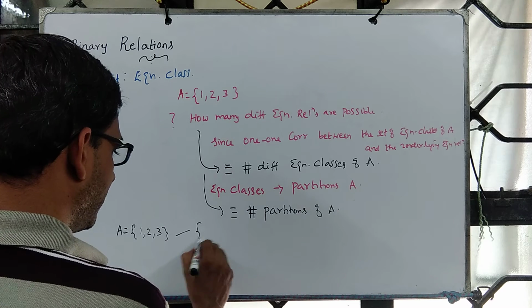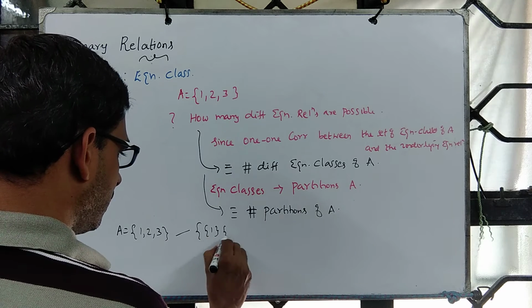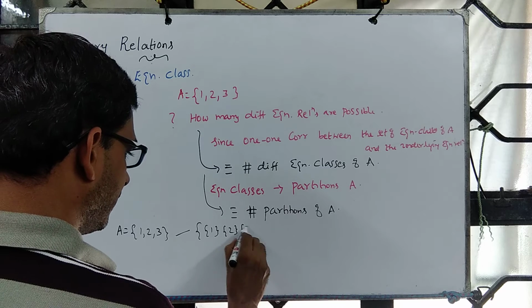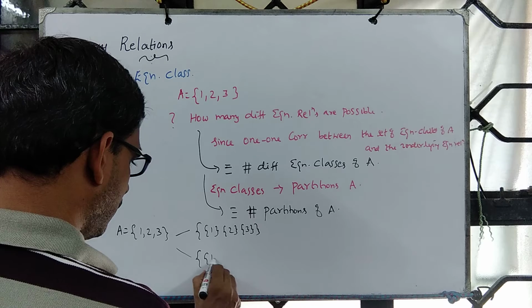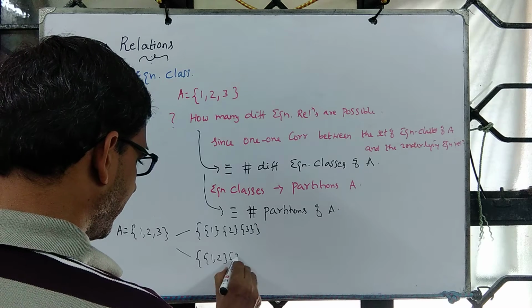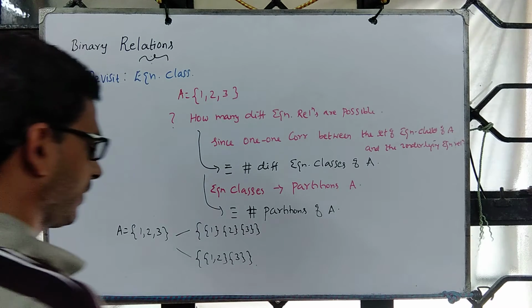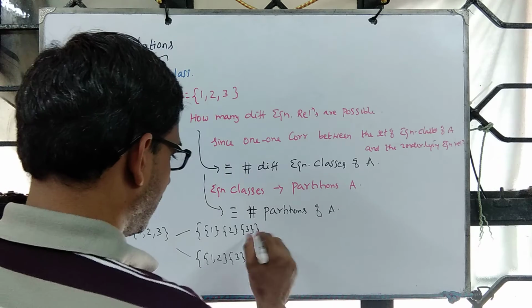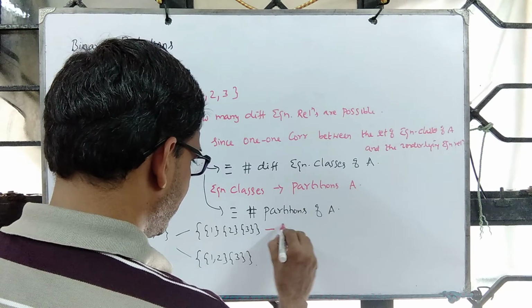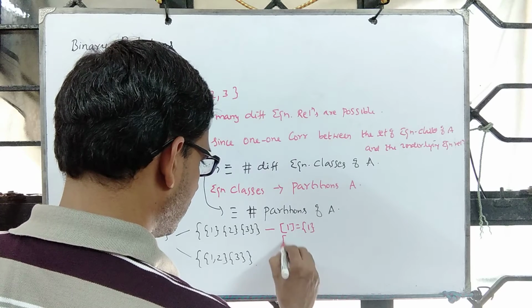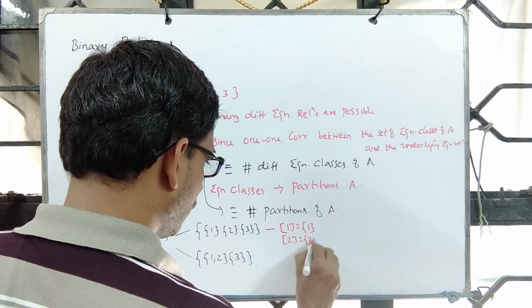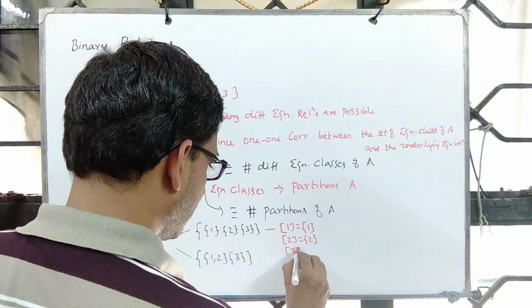One partition tells you {1, 2, 3}. The next partition tells you you place {1}, {2} and {3}. Now this partition gives you the equivalence classes {1}, {2}, {3}.